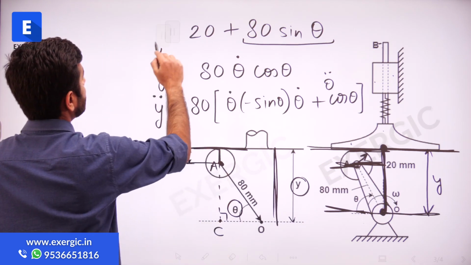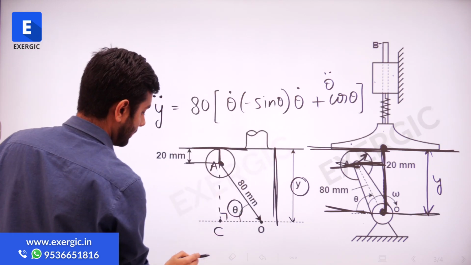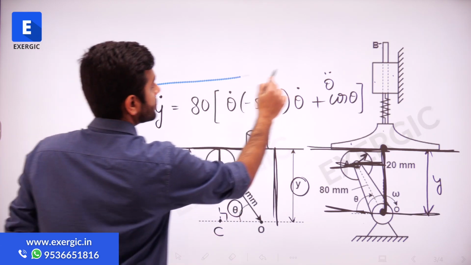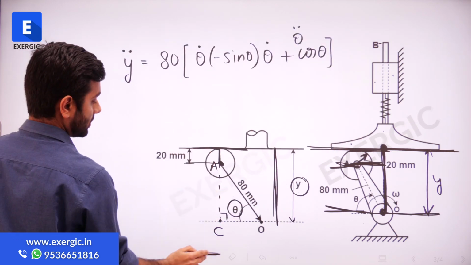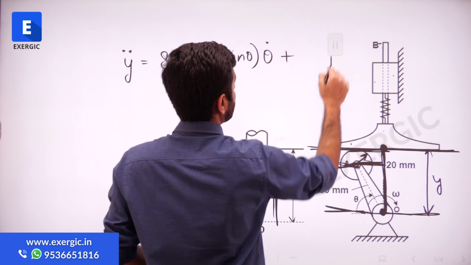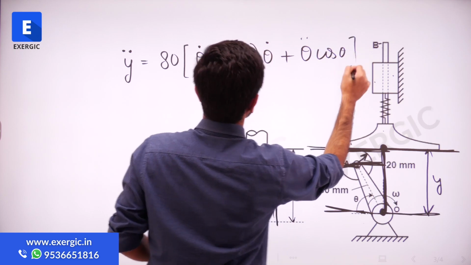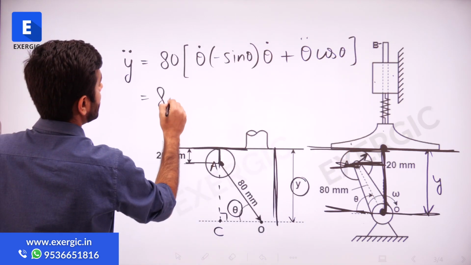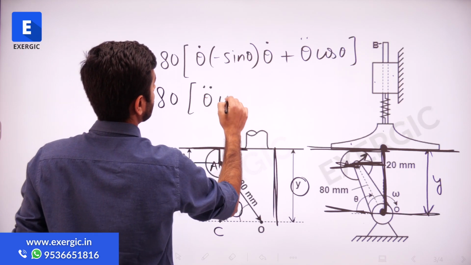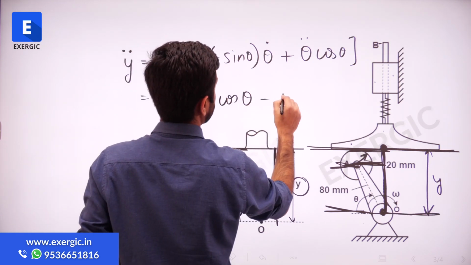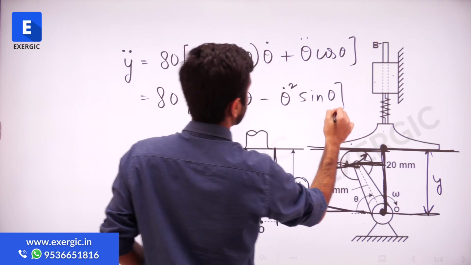Let me clear the other expressions and only show you the relevant one here. So this is the expression of y double dot that I have got, and if I write it more clearly, then I can write that one first: 80 theta double dot cos theta, and with a minus sign, theta dot square sin theta, correct?